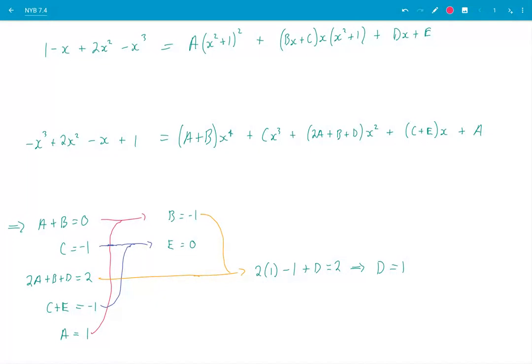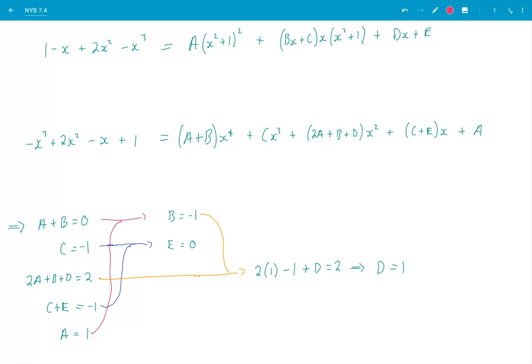Here's my color coding. With my color coding, I'm trying to give you an idea of how I solve this system of 5 equations, 5 variables. So I start by saying that, well, down here I have A, and with that, I can find B if I just use the first equation.